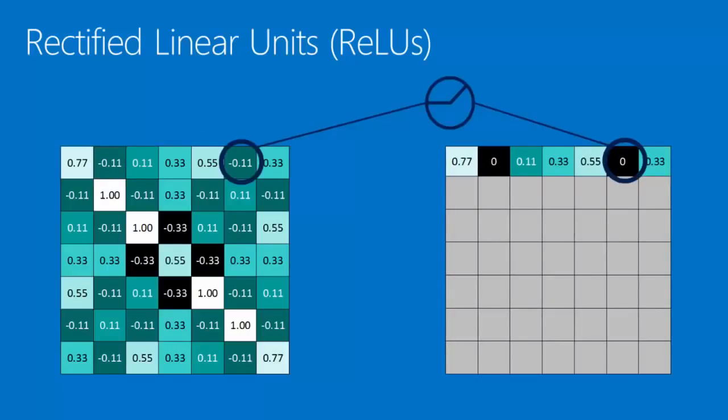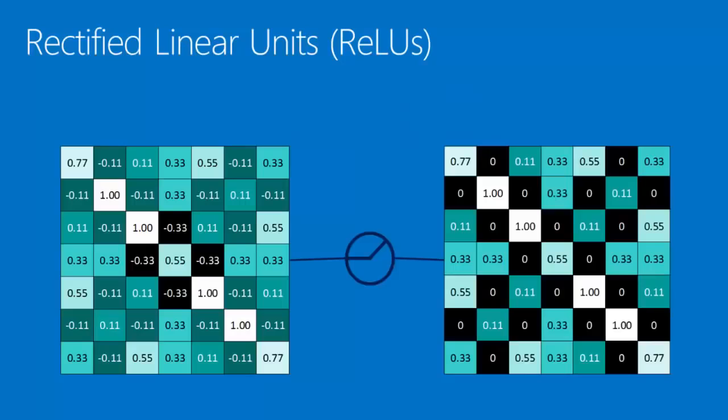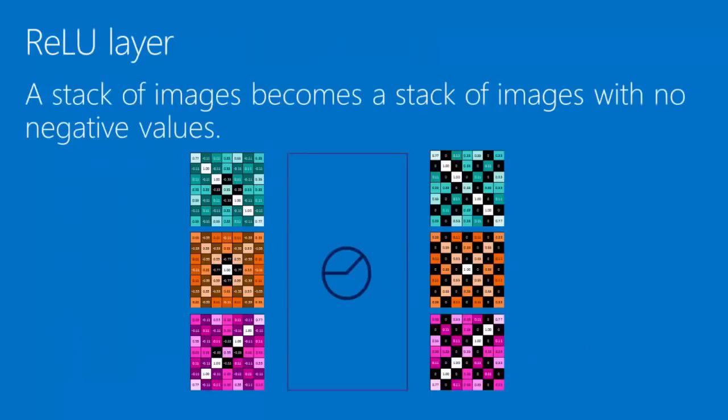Another negative value, change it to zero. And by the time you're done, you have a very similar looking image, except there's no negative values. They're just zeros. And we do this with all of our images, and this becomes another type of layer. So in a rectified linear unit layer, a stack of images becomes a stack of images with no negative values.